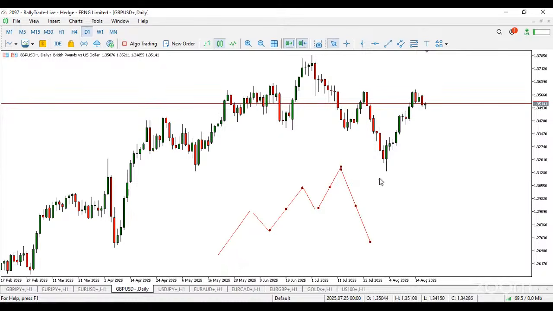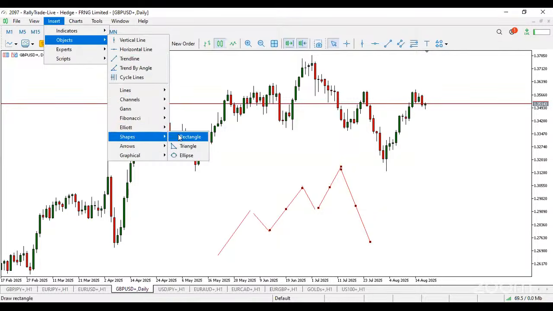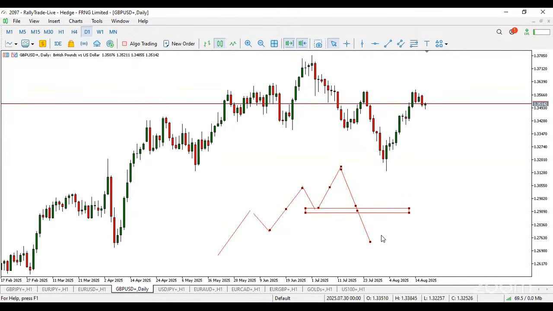So see, according to my diagram here, the market is not supposed to take out this higher low. So this move is not supposed to go below the previous higher low. Here, the pullback is supposed to end so that the uptrend will continue.